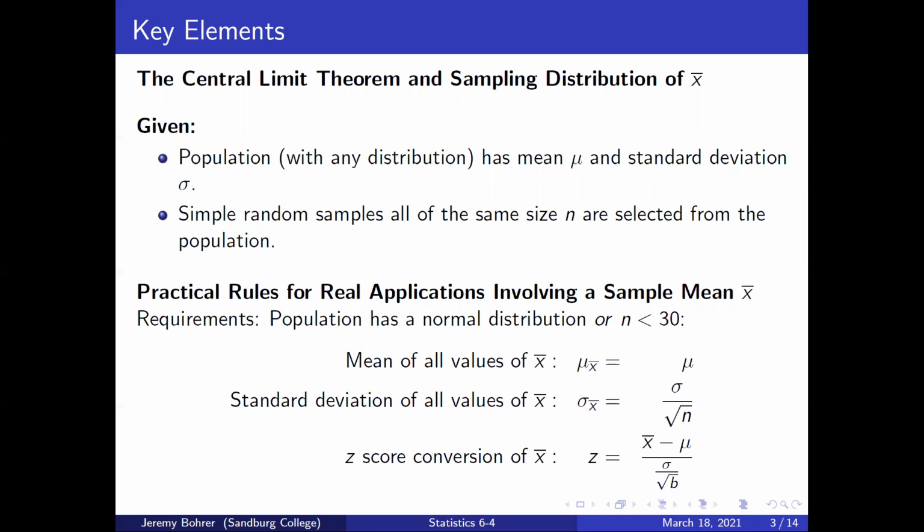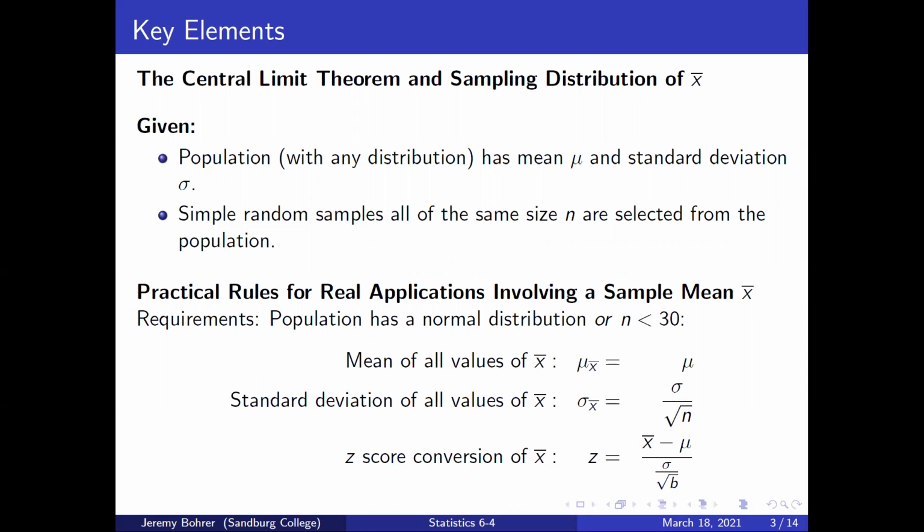Given a population with any distribution has mean mu and a standard deviation sigma, and simple random samples all of the same size n are selected from the population. Practical rules for real applications involving a sample mean of x bar. Requirements: population has a normal distribution, or n is greater than 30.